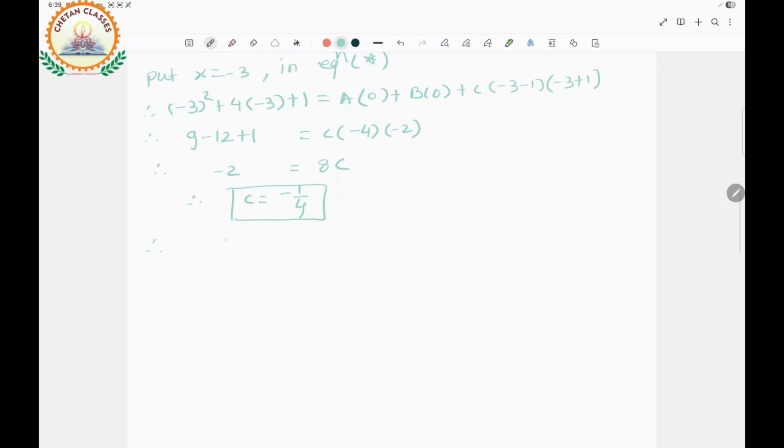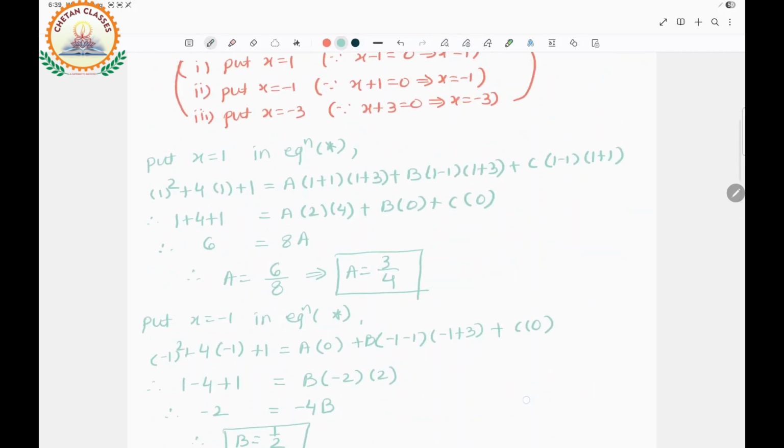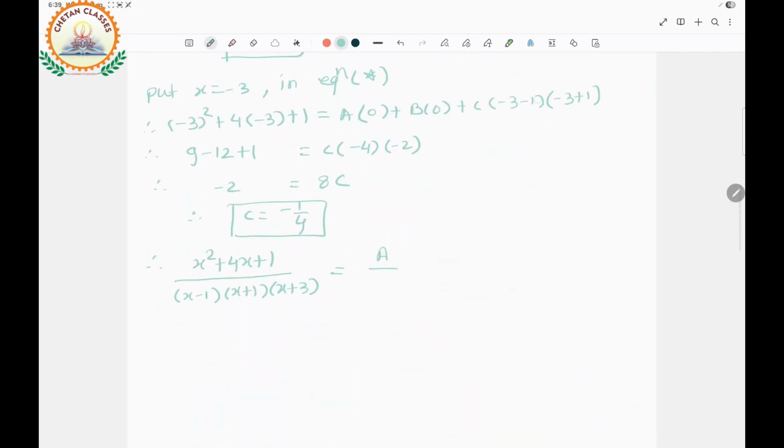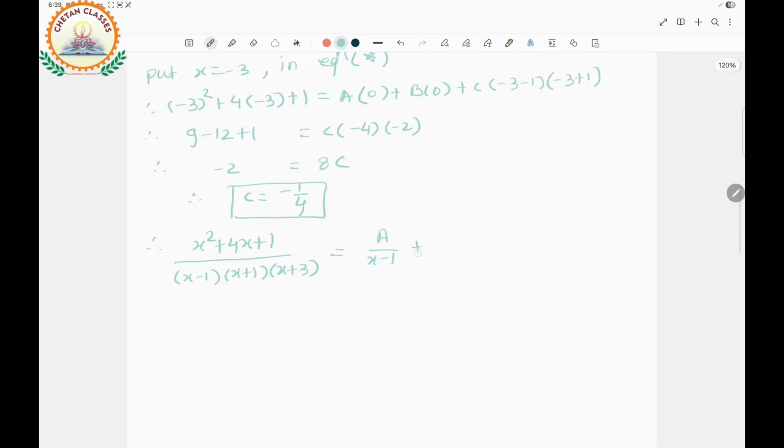Therefore, our function (x² + 4x + 1) upon (x − 1)(x + 1)(x + 3) is equal to A upon x − 1 plus B upon x + 1 plus C upon x + 3. Substitute the values.